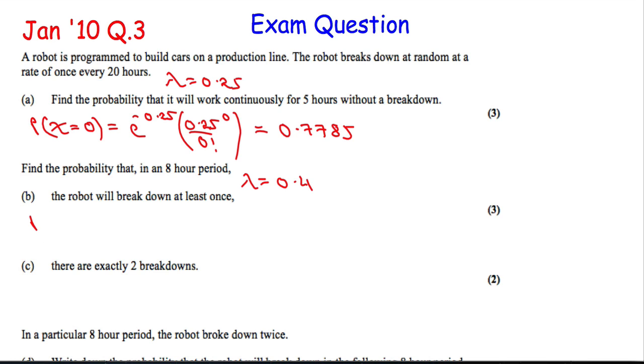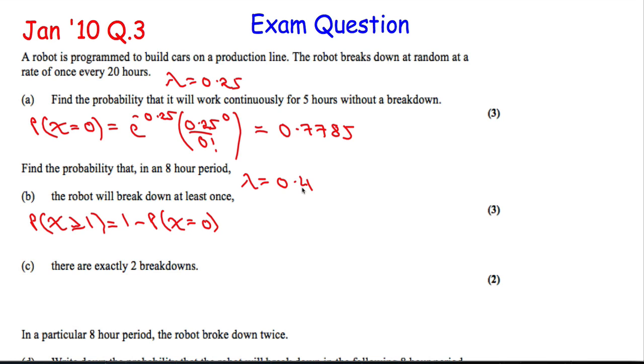So the probability that it breaks down at least once means it's greater than or equal to 1. And that must be the same as 1 minus the probability that it doesn't break down, that x is equal to 0.